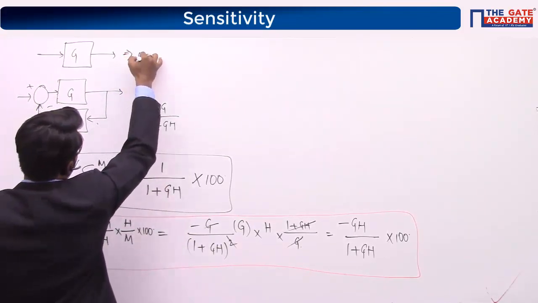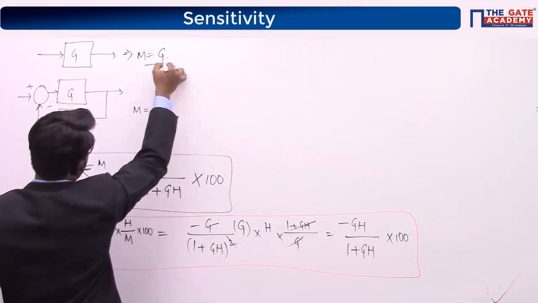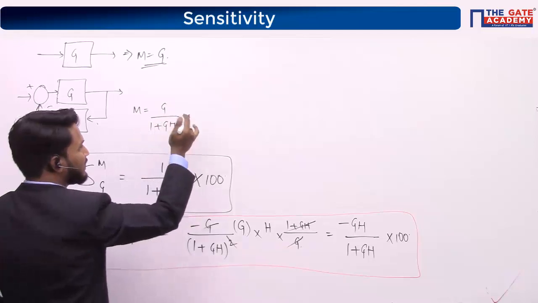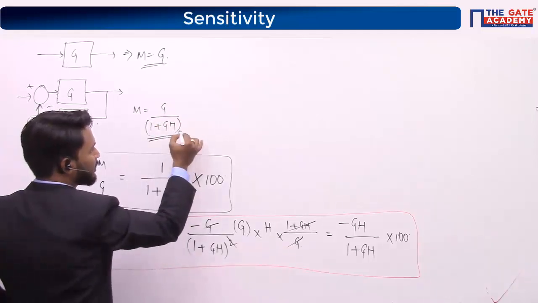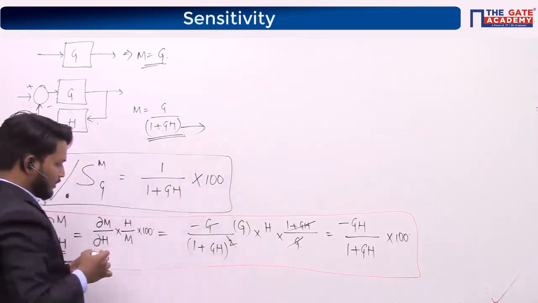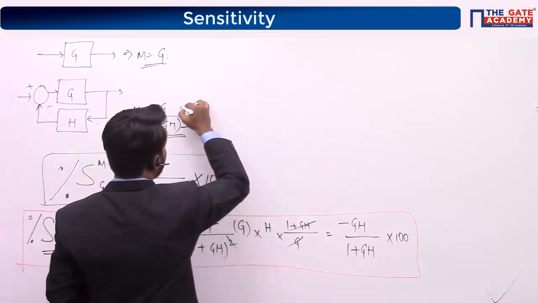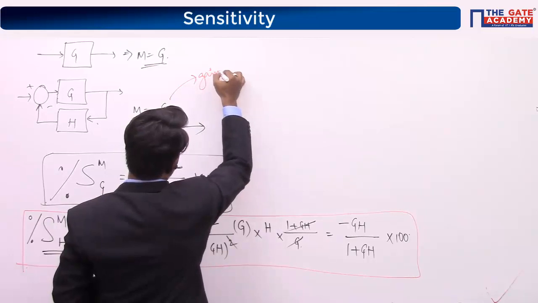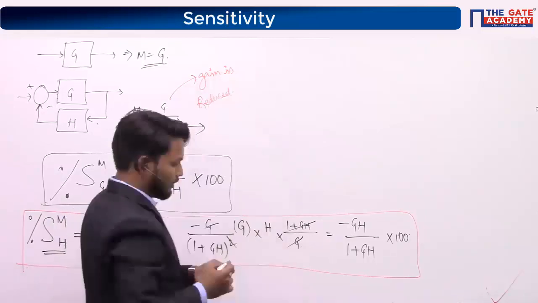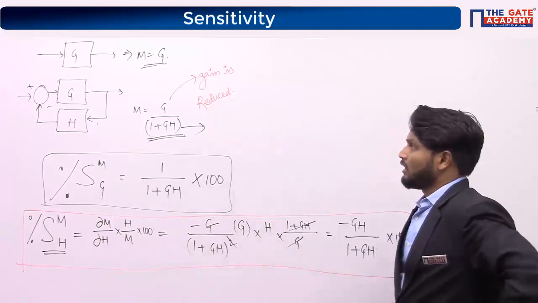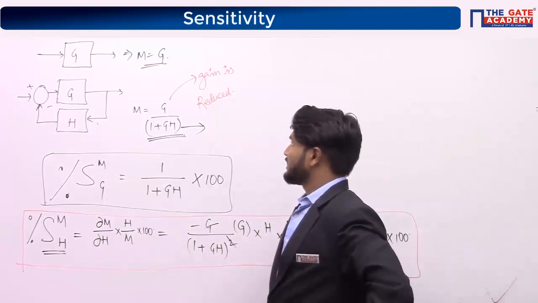So what is the overall transfer function in this case? Overall transfer function is G only, whereas in the other case the gain has reduced by a factor of 1 plus GH. So M is equal to G by 1 plus GH, and the gain is reduced.